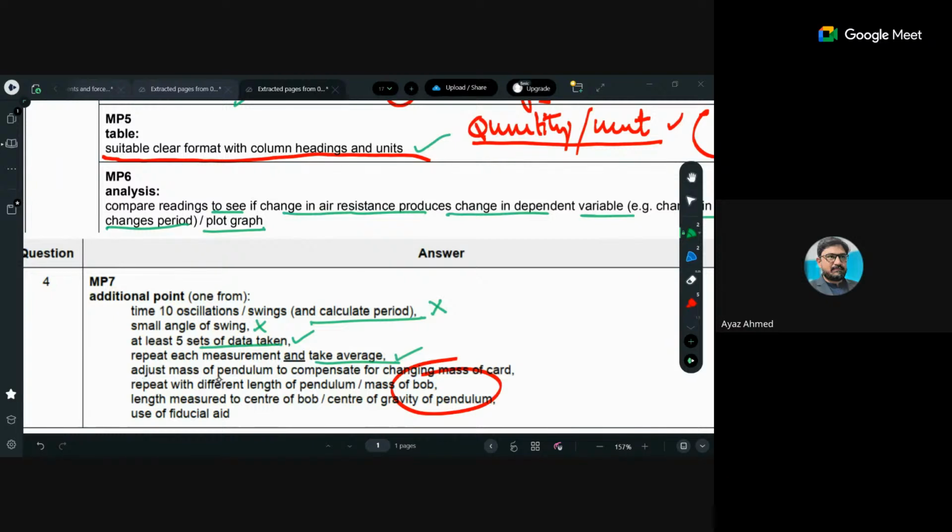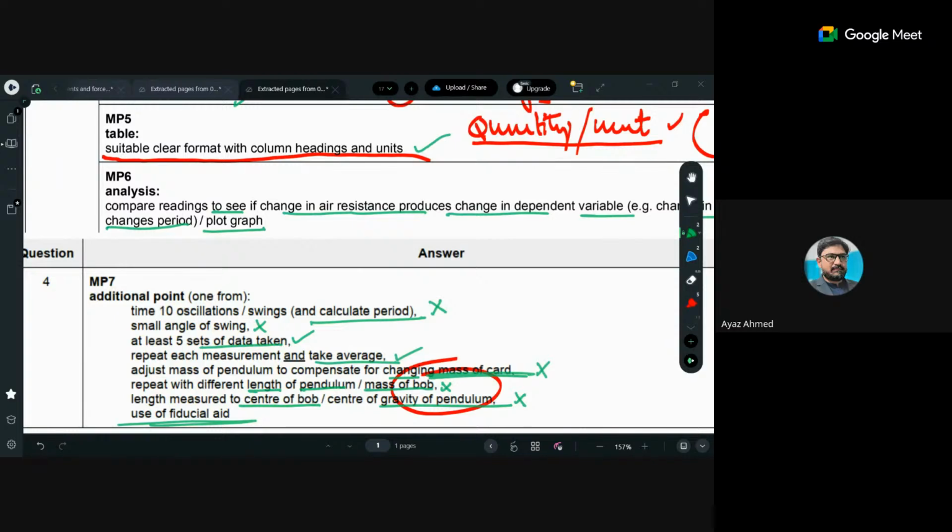Adjust the mass of the simple pendulum to compensate for the change in the mass of the card. No, we did not, but we considered that we can measure the mass of the bob. Repeat with different lengths of the pendulum or mass of the bob. We did not consider that one. Length measurement from the center of the bob to the center of gravity of the pendulum, we did not consider that, and use a fiducial aid, I mean just a marking.